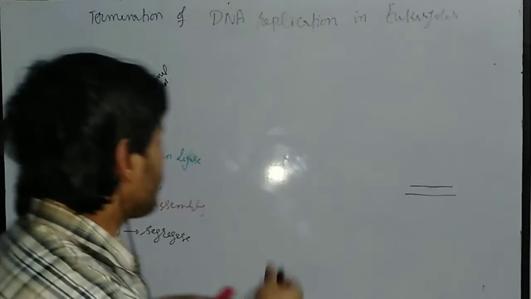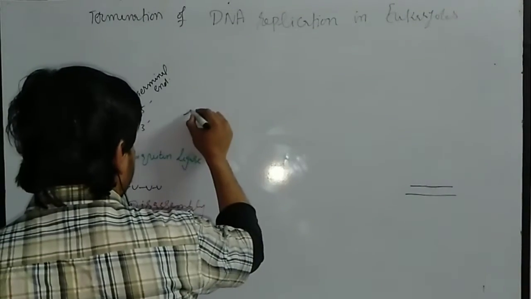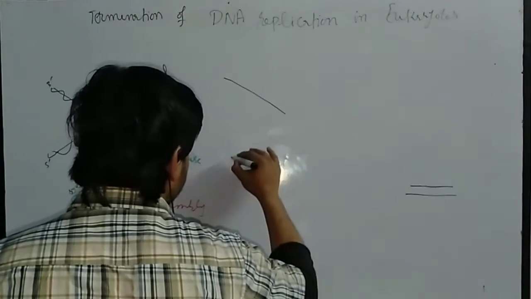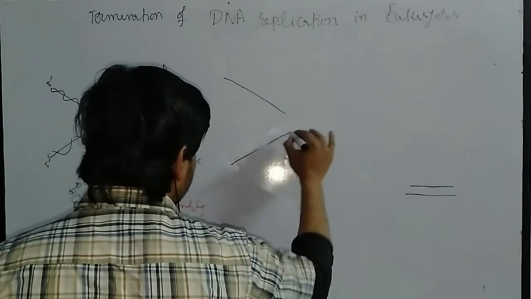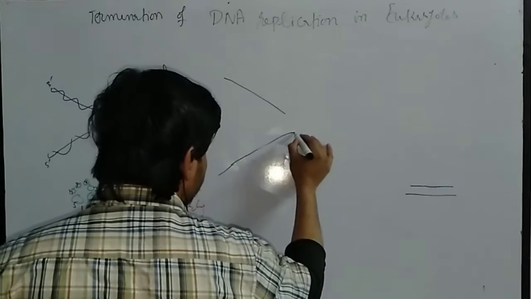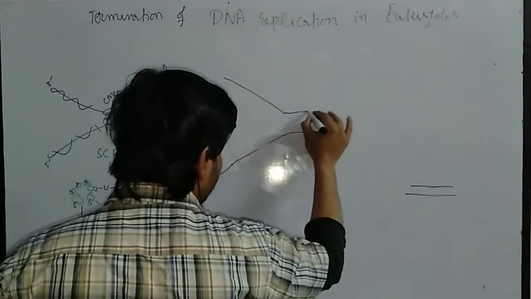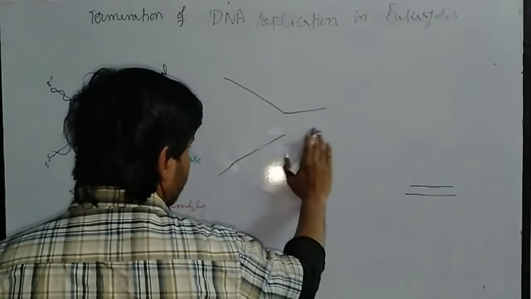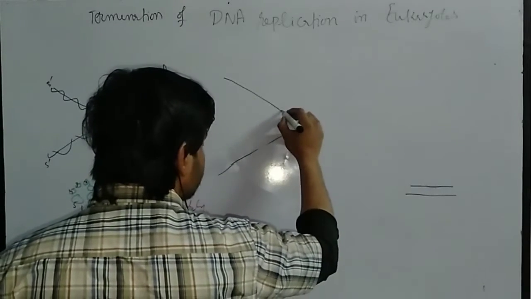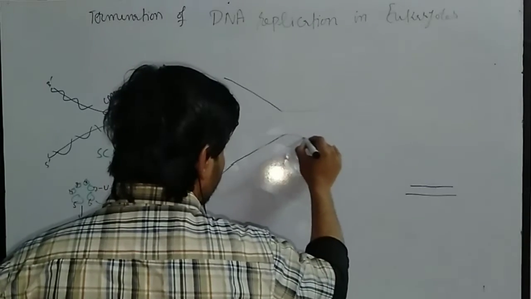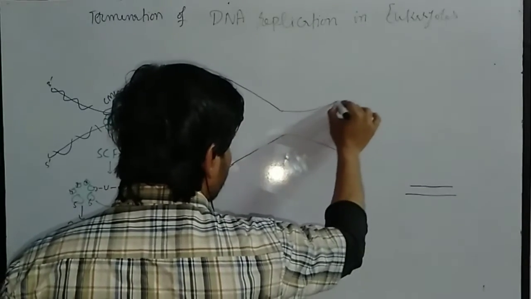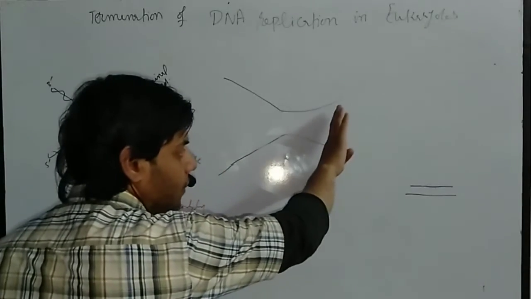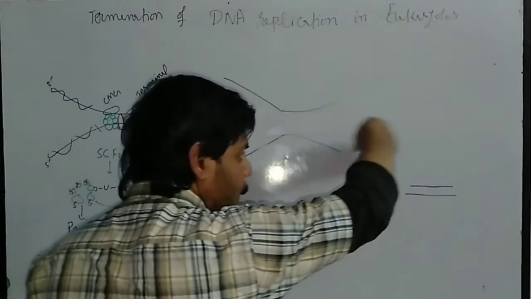So let me draw here once again the same structure. So we have again the DNA strand, and this is, let's suppose, the terminal end. The terminal ends are also separated from each other because the enzyme has reached that specific point, so then it is removed.